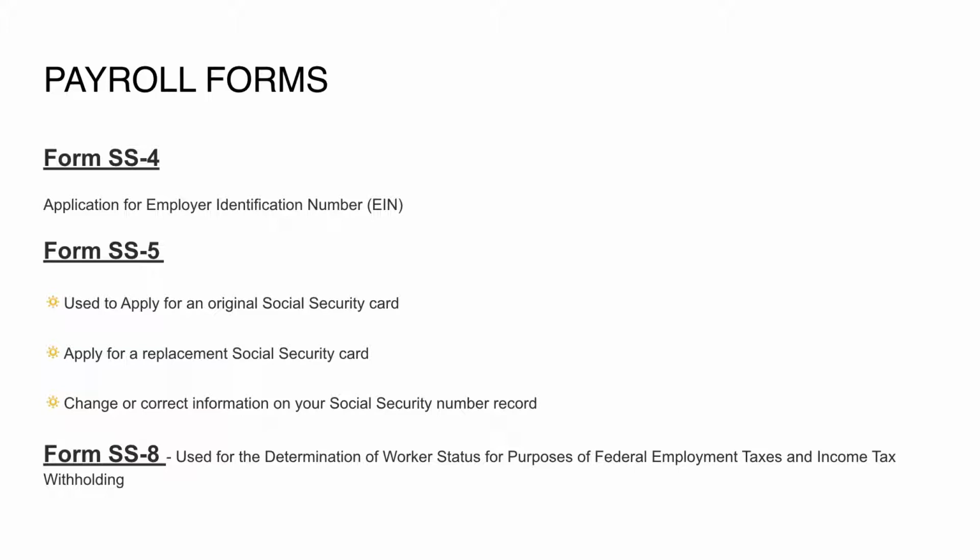It may also be used to apply for a replacement Social Security card or change or correct information on the Social Security number record. Form SS-8. Used for the determination of worker status for purposes of federal employment taxes and income tax withholding.